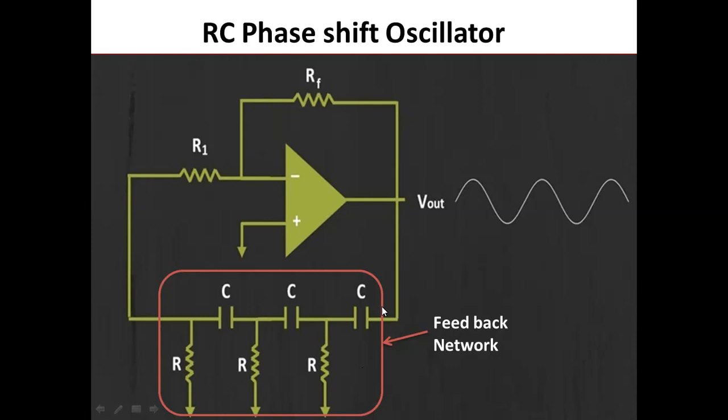This feedback network provides an additional 180 degree phase shift. Therefore, the feedback signal and the output signal are now in phase with each other, meaning the total phase shift around the loop is 360 degrees, or an integral multiple of 360 degrees, or 0 degrees.